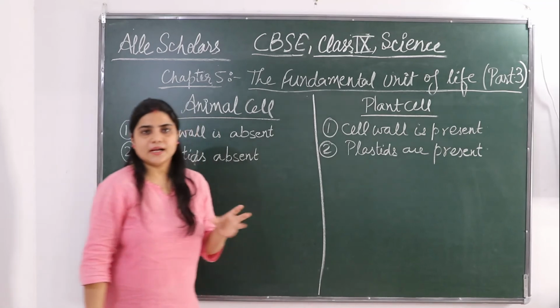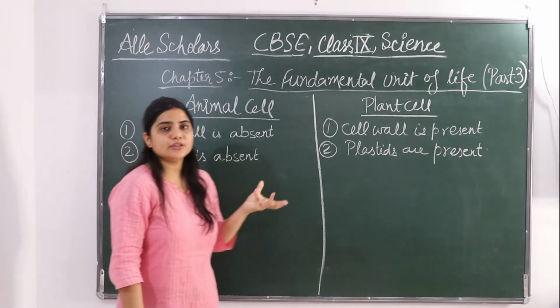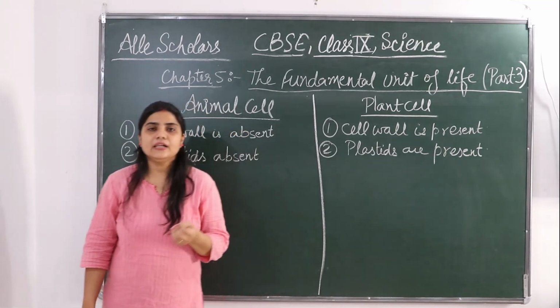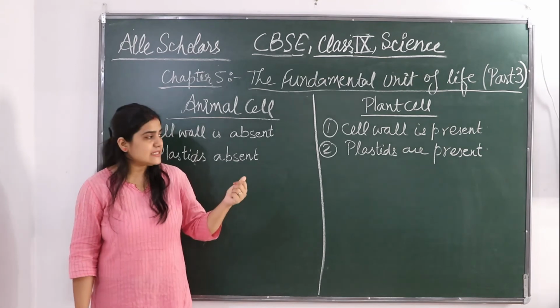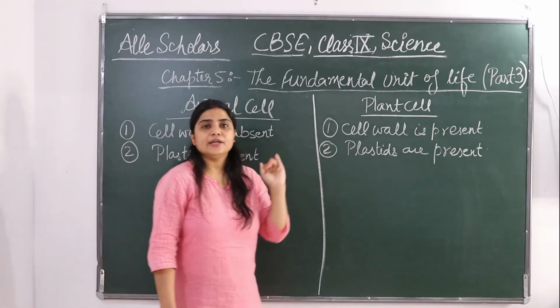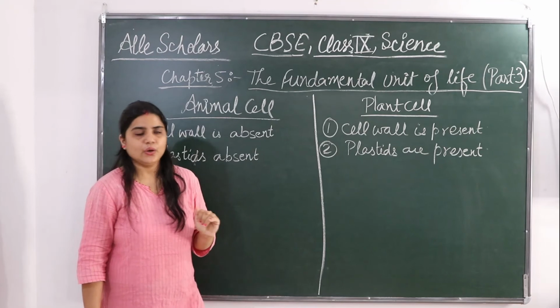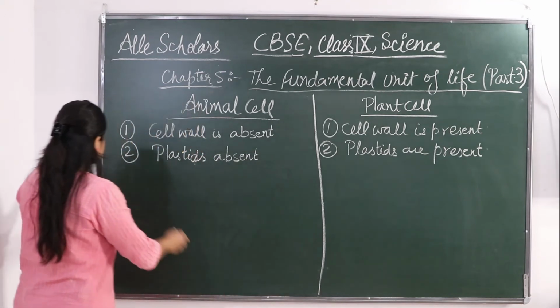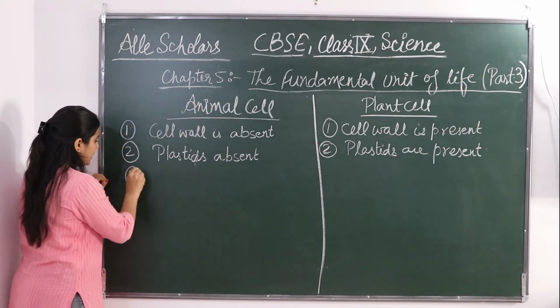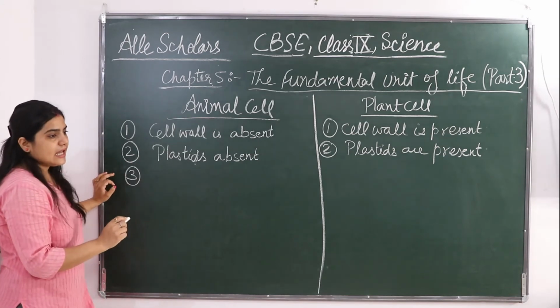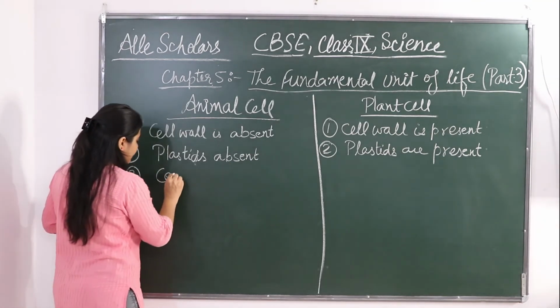In plant cell, these plastids that contain the chlorophylls help in photosynthesis, means in making the food. Next is that in case of animal cell, centrioles are present.